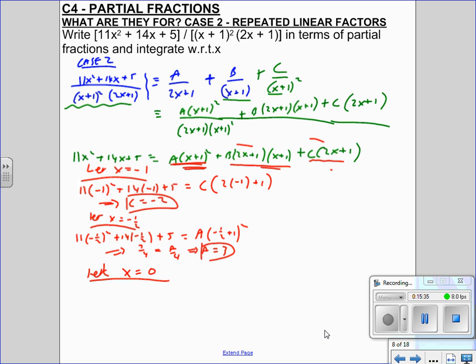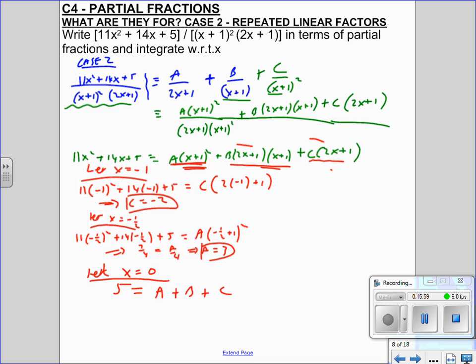So if x is 0, I get 11 times 0 plus 14 times 0 plus 5, so 5. On the right hand side, wherever I see an x, I replace that with 0. So that's A times 1 squared plus B, and 2 times 0 is gone, 1 times 1, so that's just B, and plus C, because 2 times 0 is gone.